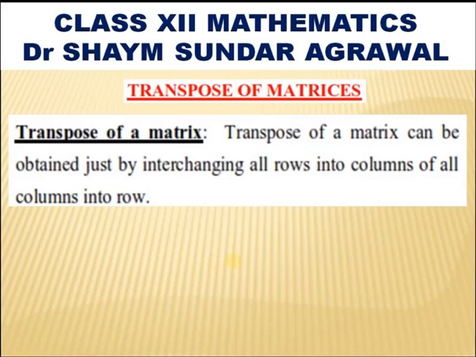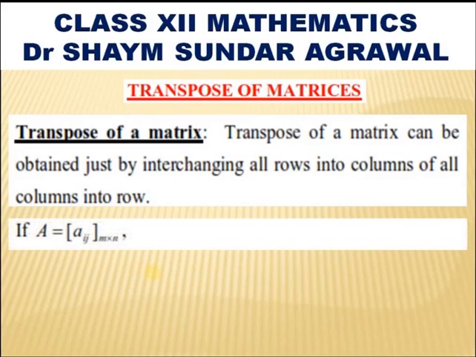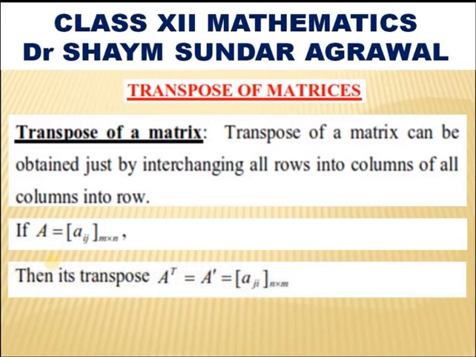So, if A is a matrix Aij of order m cross n, then its transpose is A T or A dash, which is Aji. Aij is now interchanged to Aji, of order n cross m.